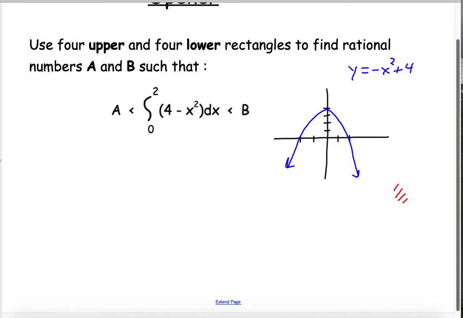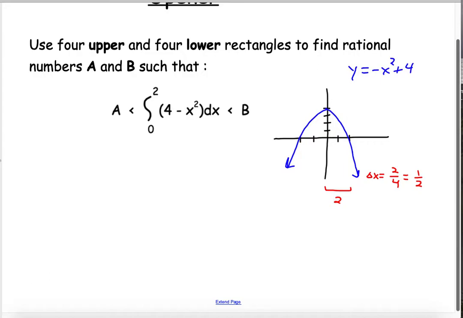So let's use some rectangles, and it asks to use 4. First of all, we have to figure out what's the width of our interval. Well, that's 2 units long. So if I'm going to split it up into 4, that means that the width of each rectangle is going to be 1/2 or 0.5 units.